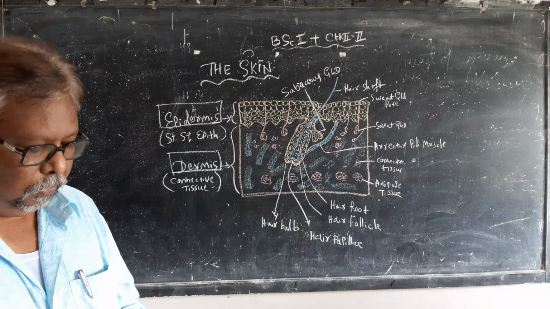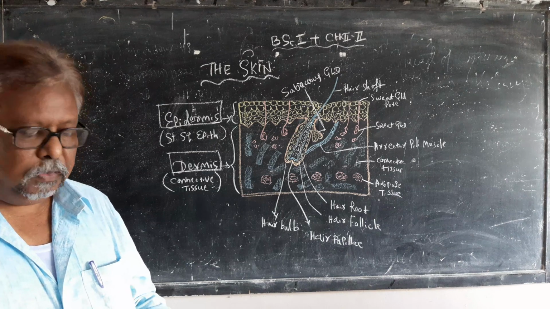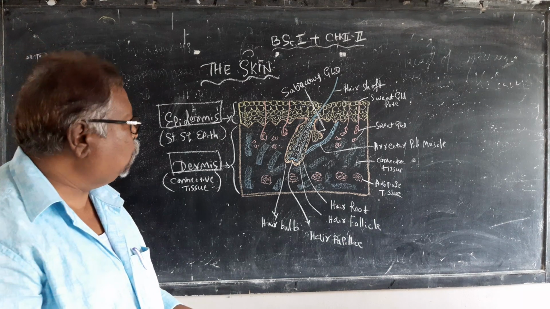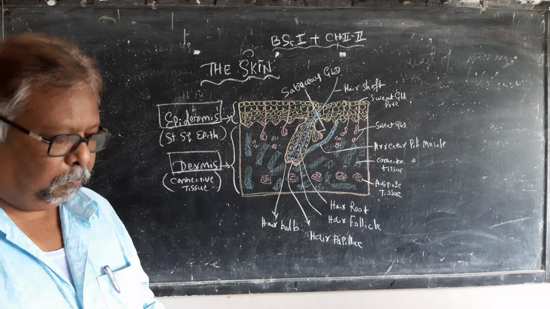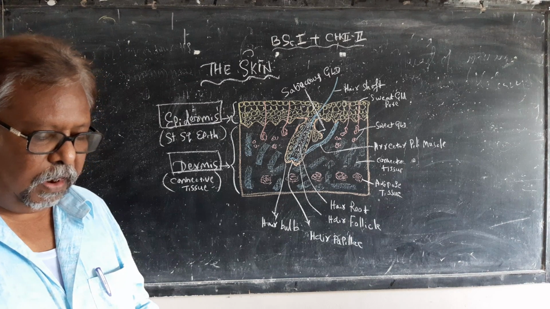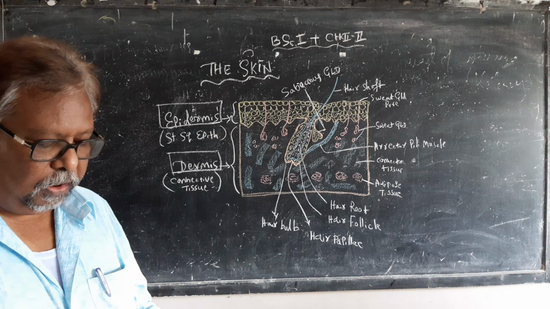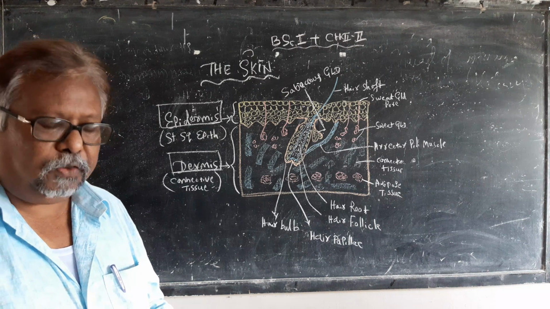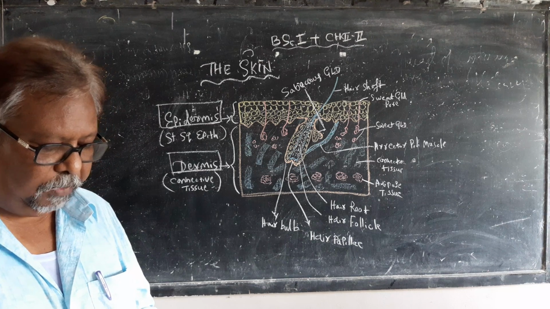So, we are studying about the sense organs, and the first one we have started already, the skin, which is the outer covering, the largest organ which forms an outer covering of the body, and area is about 1.5 to 2 square meters.